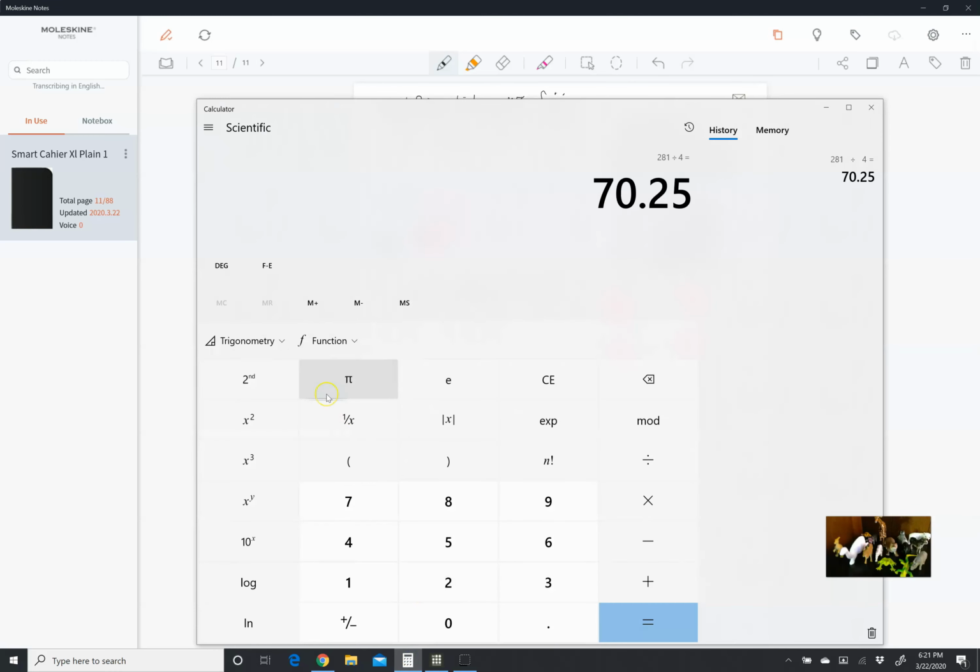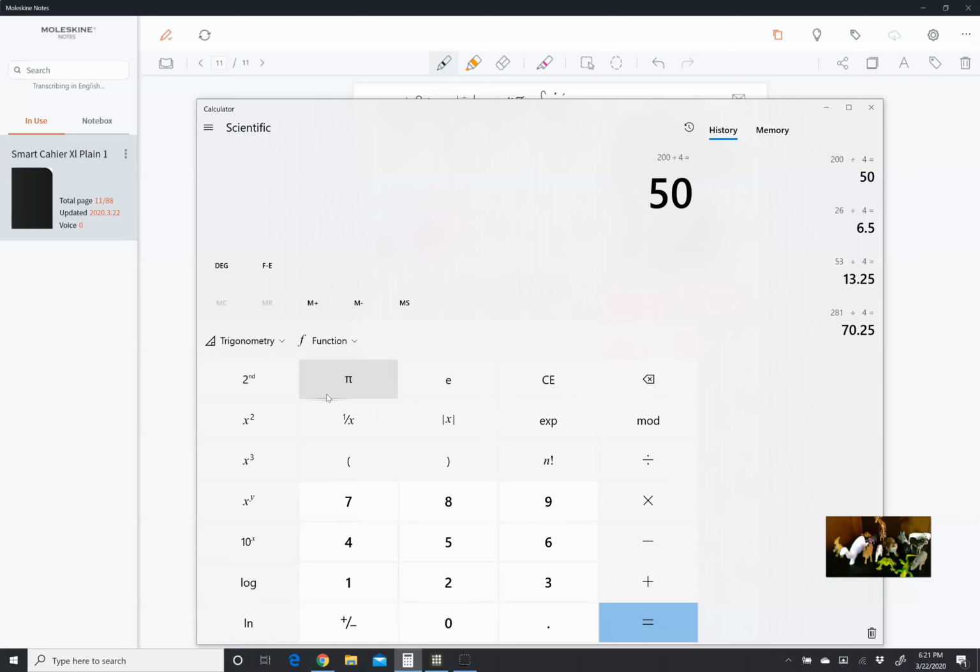But if we do 53 divided by 4, that gives us 13.25. So what we care about is the decimal. If we do 26 divided by 4, we get 6.5. Again, all we care about is the decimal. 200 divided by 4 is 50.